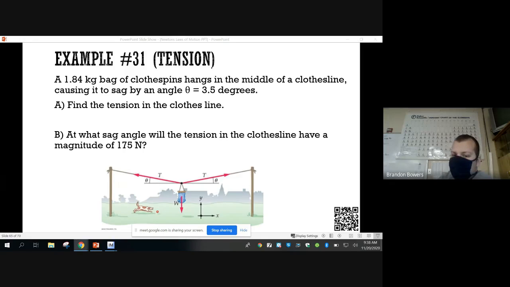So you've got to think of the force of gravity pulling down on the object, but it's being distributed over two strings, evenly between the two strings.